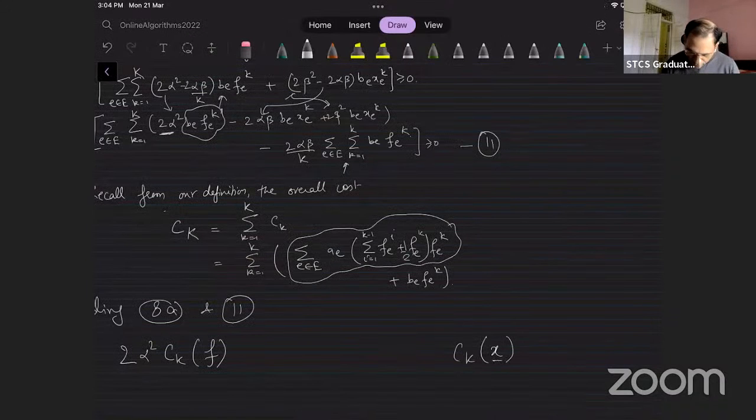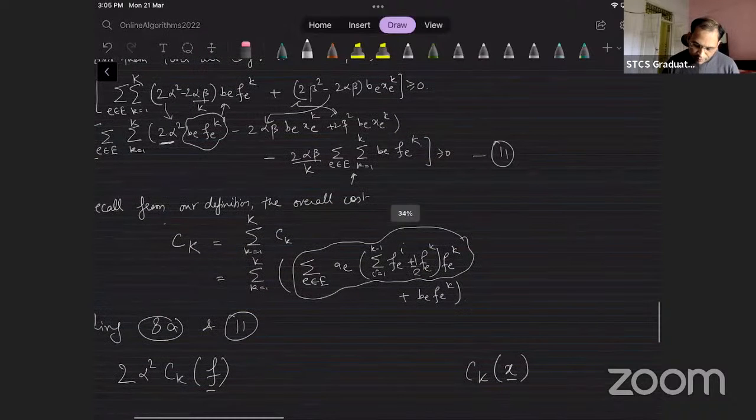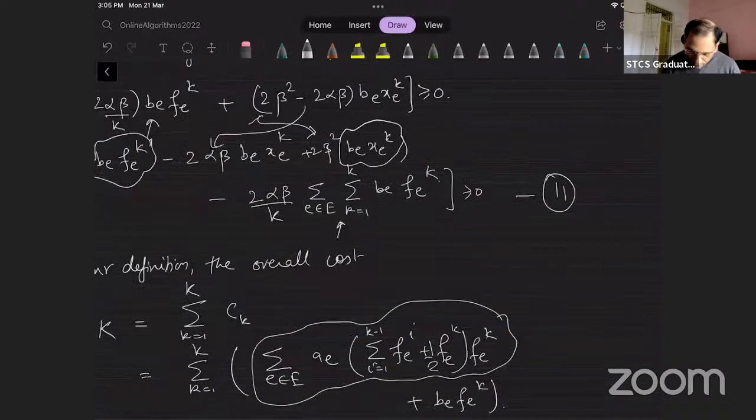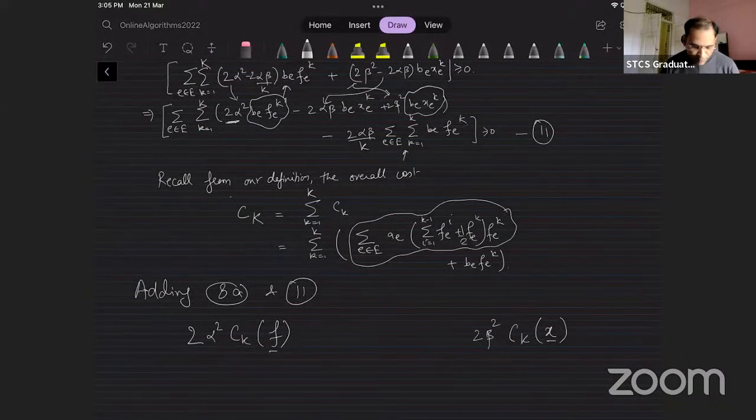If you want, you can put an underbar to represent the vector. And similarly, this guy here in 11, but both of them are multiplied with 2 beta square. Are people with me? We have some extra terms, but at least C_K(f) and C_K(x) are common. After I add 8 and 11, I can identify those. And the rest of the terms I will write here. So minus 2 alpha. I know this is way too overloaded, but at least try to see whatever beauty you can find.